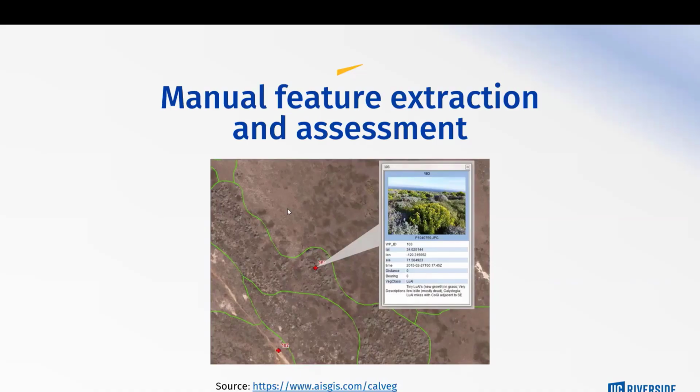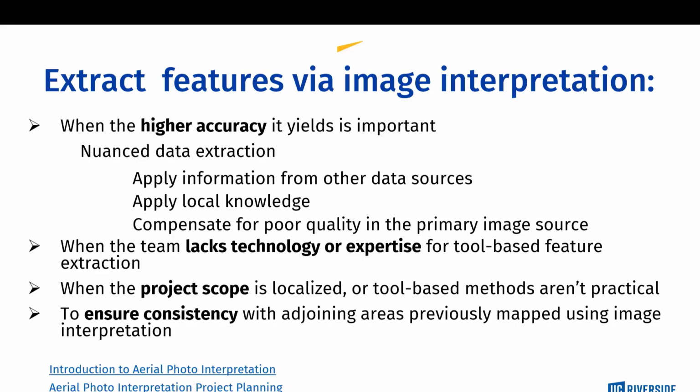So this has value even in the world of artificial intelligence and tools that will do lots of great things, but there is still a place for image interpretation. Here are some of the use cases for sticking with basic image interpretation. Accuracy tends to be higher in a lot of cases.